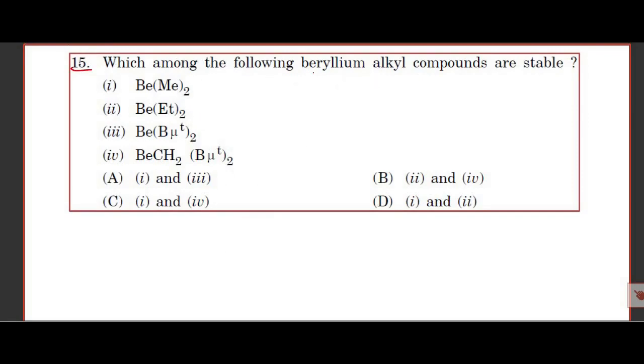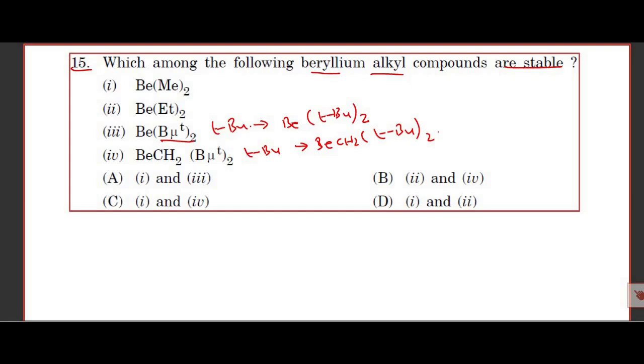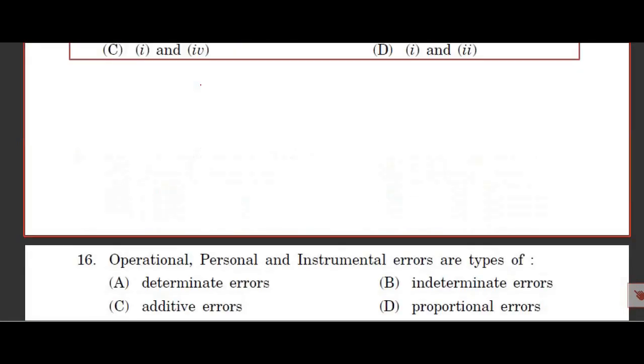Question number 15. Which among the following beryllium alkyl compounds are stable? It's wrongly printed. It's a tert-butyl. So this complex is Be tert-butyl twice. Here this compound is Be CH2 tert-butyl twice. Here, to be a stable compound, the compound should get dimerized.